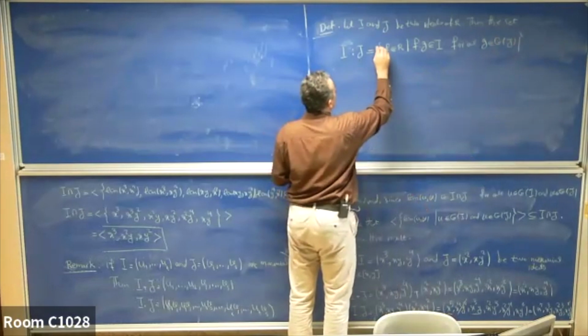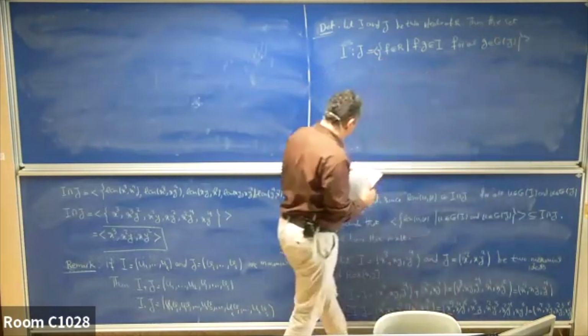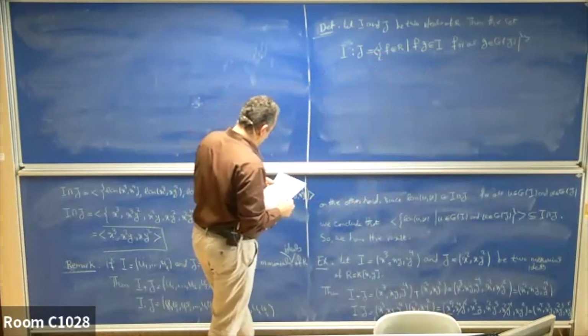This is the ideal generated by this. This is equal to this set.